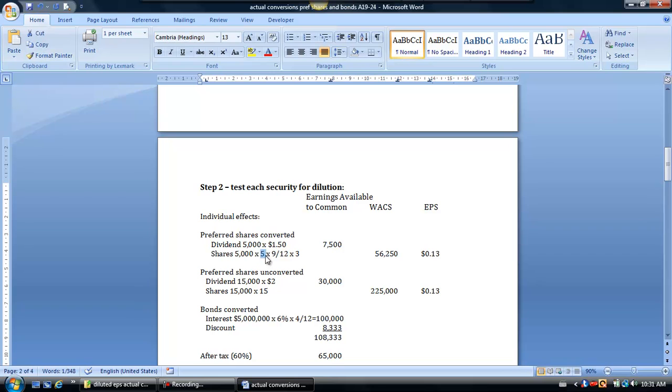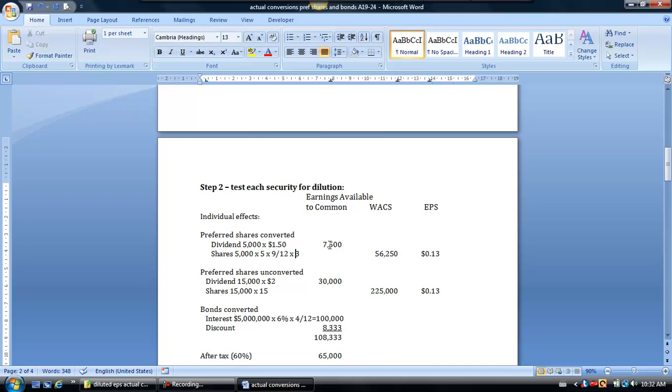Now, don't forget, if we had converted that back to the beginning of the year, we only did the conversion after the 3rd quarter, but if we had done it 9 months, which is 3 quarters, each quarter has 3 months, 3 quarters, 9 months out of 12, and don't forget, they also get the benefit of the split, right? The share split. Because we have to treat it as if it was converted at the beginning of the year.